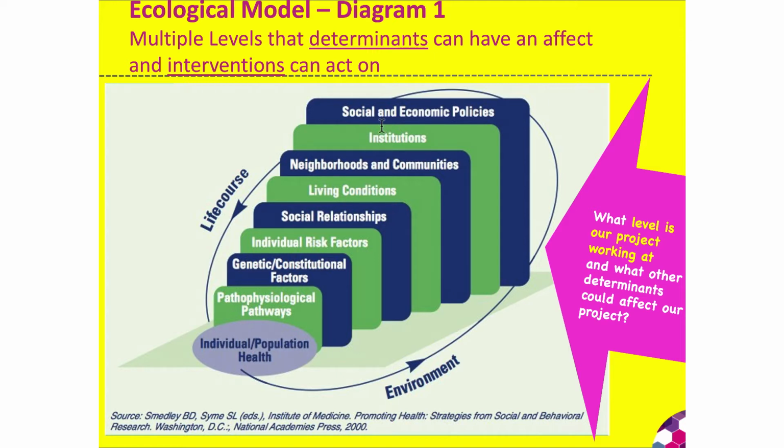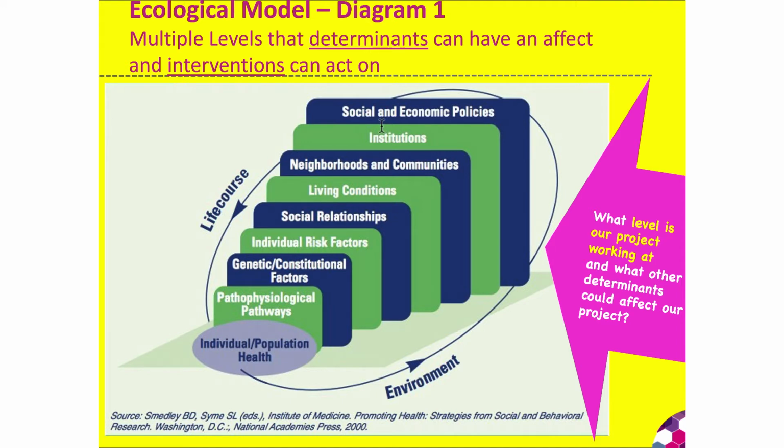We start with individual or population health, and we can think of the person and pathophysiological pathways. We can look at their genetic factors, and their individual risk factors, and all of these things are part of the individual. Then we can look at their social relationships, whether they have good friends and family support networks, and then at their living conditions, such as what kind of housing and neighborhood they live in, and what kind of job in terms of income and job security they have.